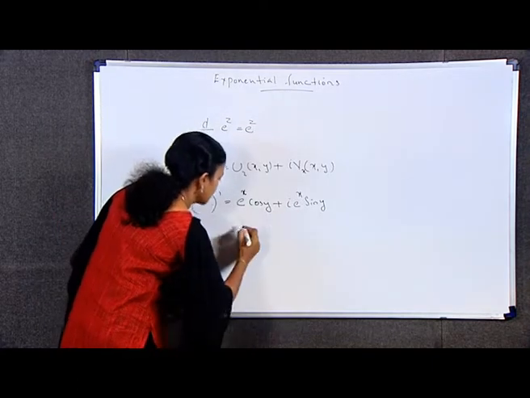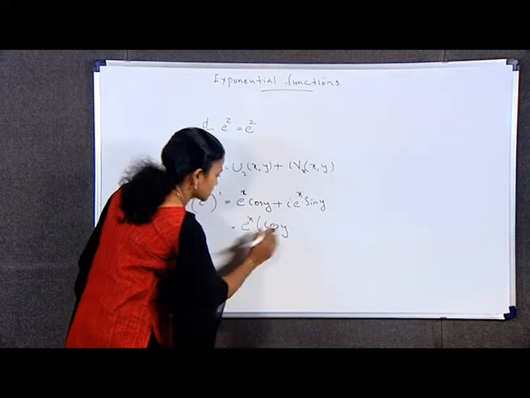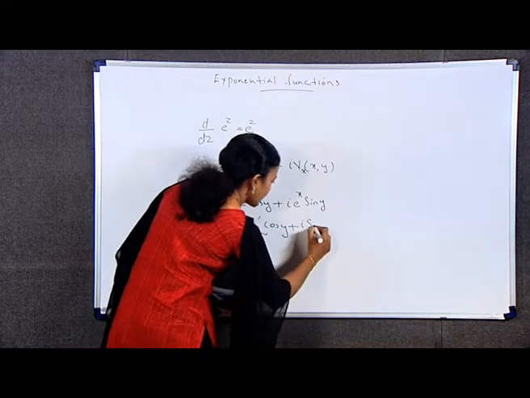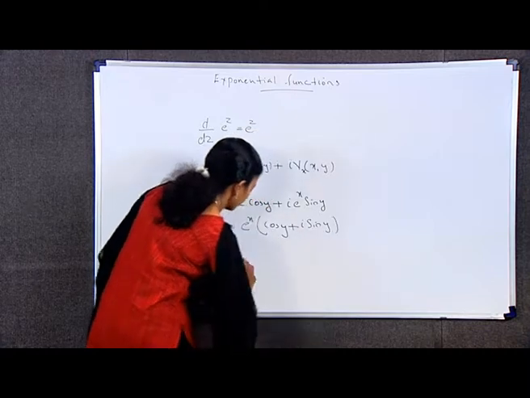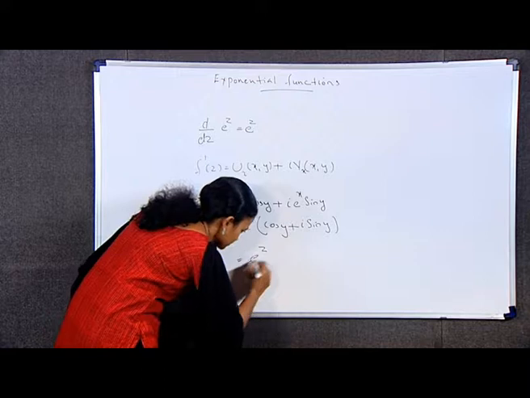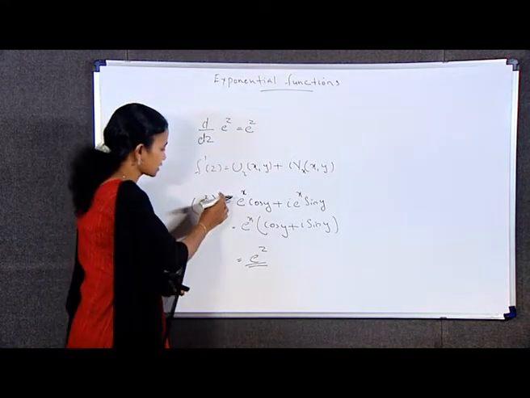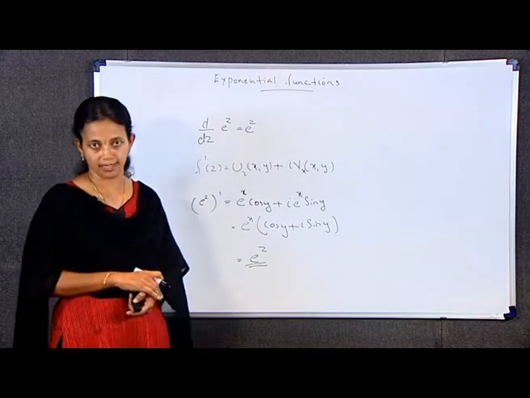That is, taking e raised to x outside, this is our e raised to z. That is, e raised to z dash is equal to e raised to z itself.